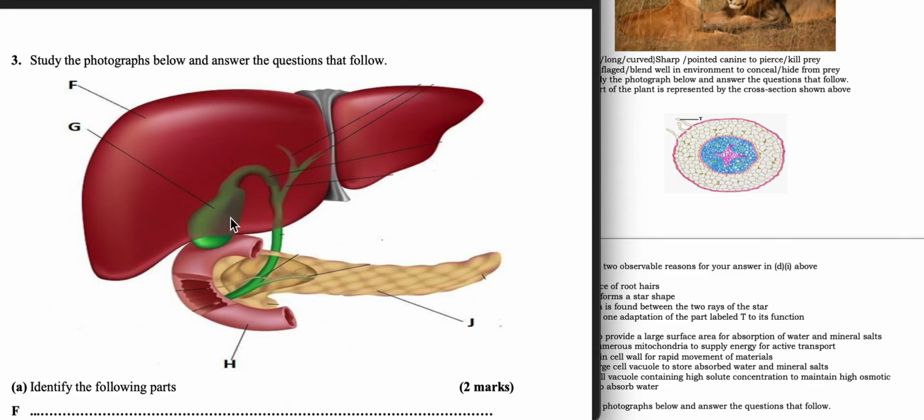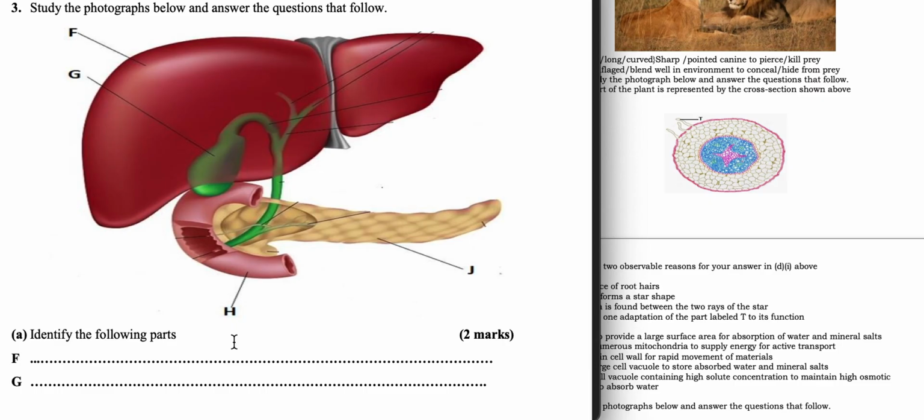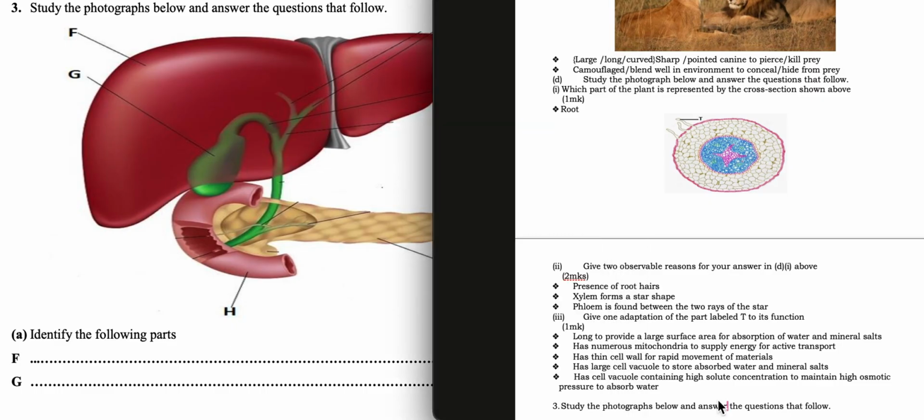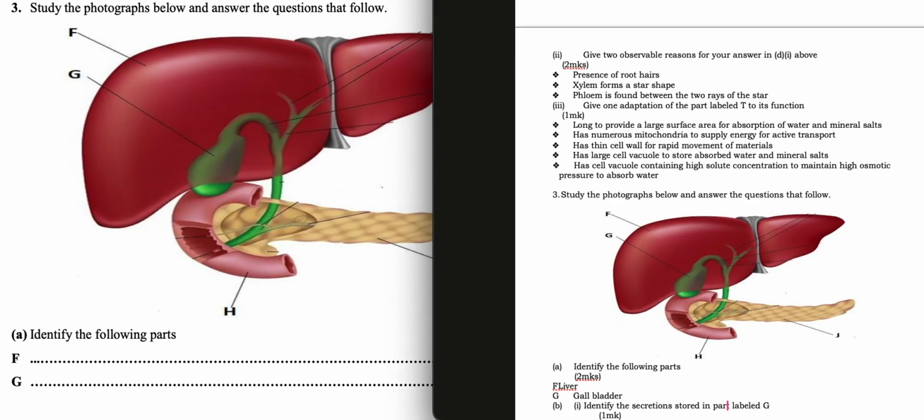So F, G, J, H. Identify the following parts, F and G. F is the liver and G is the gallbladder.